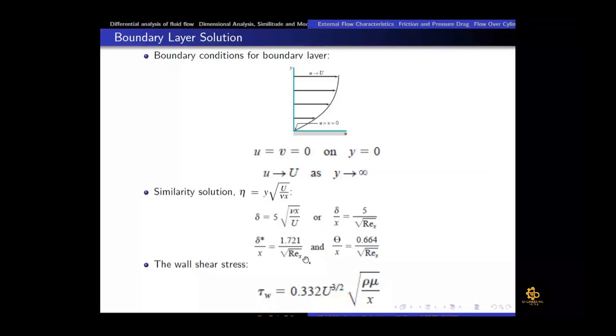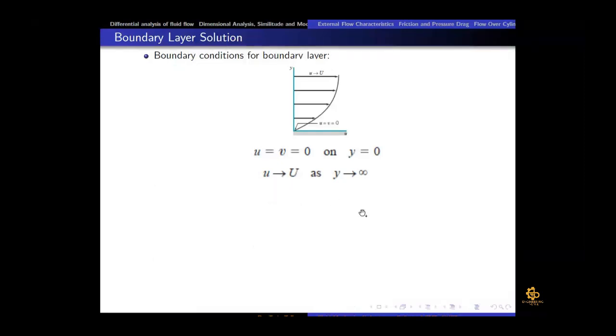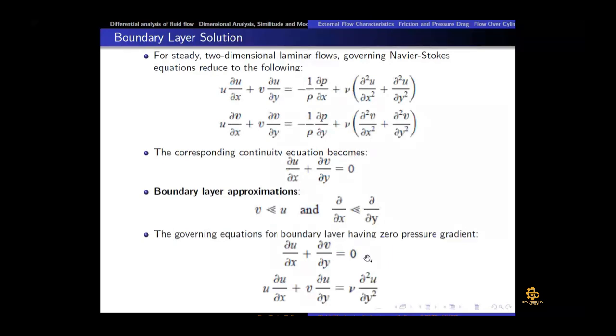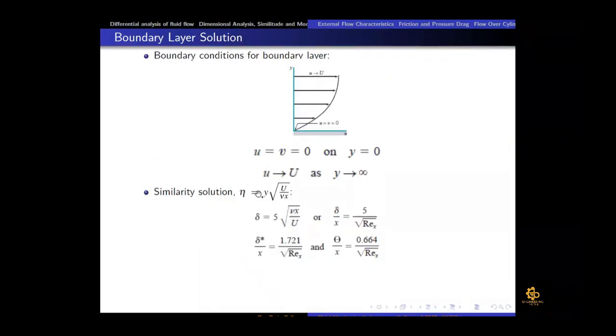But because this is an important aspect of external flow, it was necessary to show these relations to you. You need to know that once we apply the boundary layer approximation to the Navier-Stokes equation, we come up with simplified partial differential equations, which can be solved by using the similarity solution proposed by Blasius in the beginning of the 20th century.